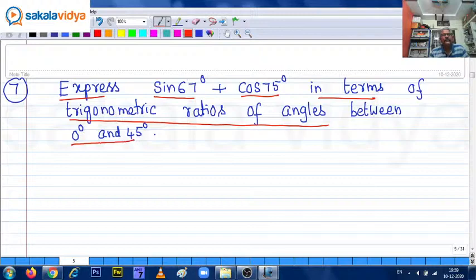So we need to change 67 to be between 0 and 45, and 75 also between 0 and 45.